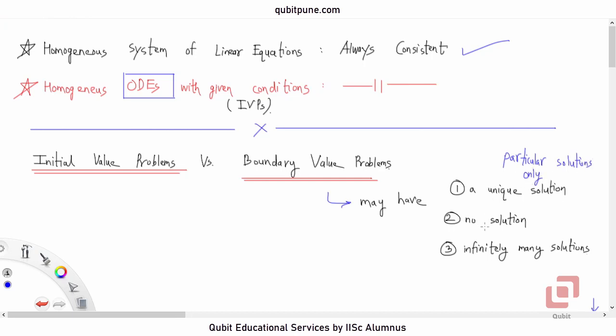Of course, they will have a general solution, correct? So now you'll realize that the problems that we are going to deal with, the differential equations, have very little to do with the general solution, but more to do with the particular solutions.